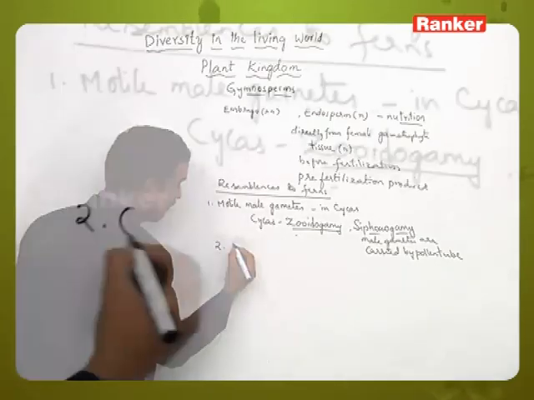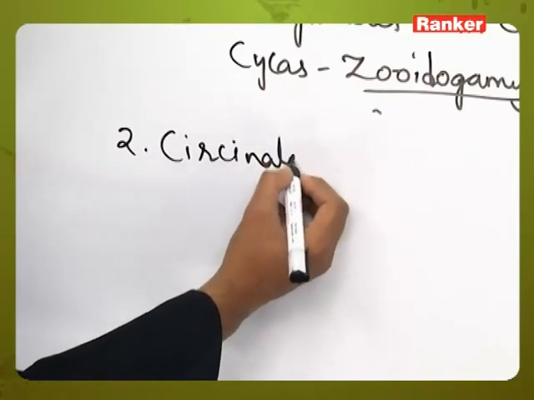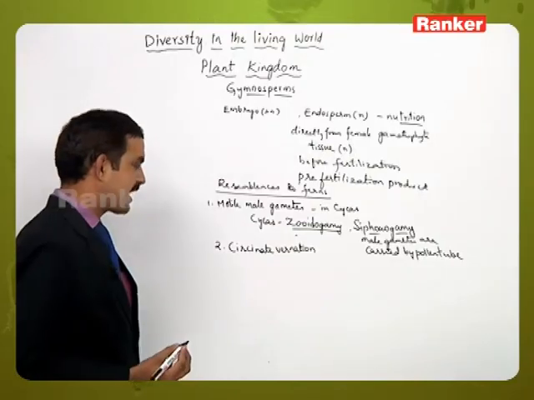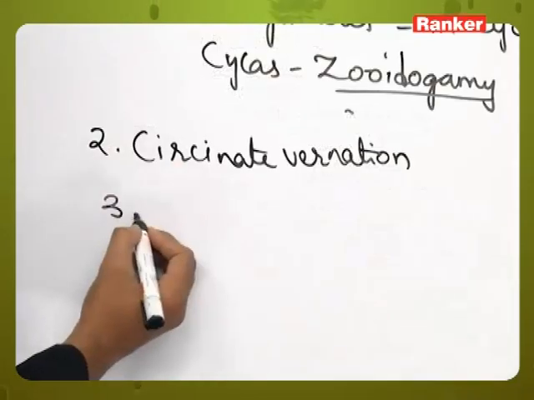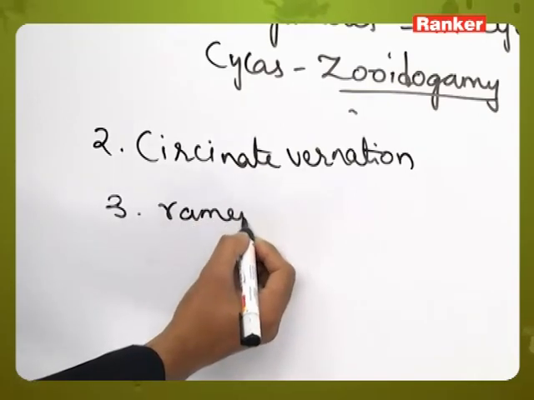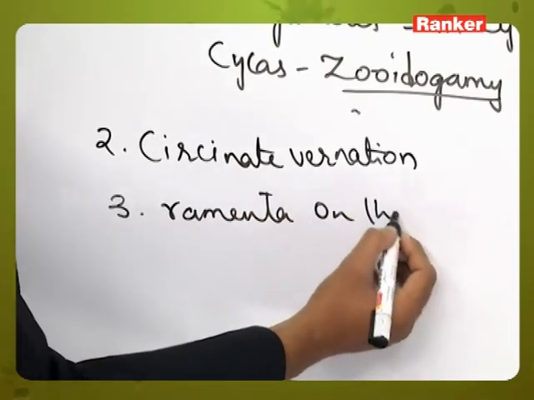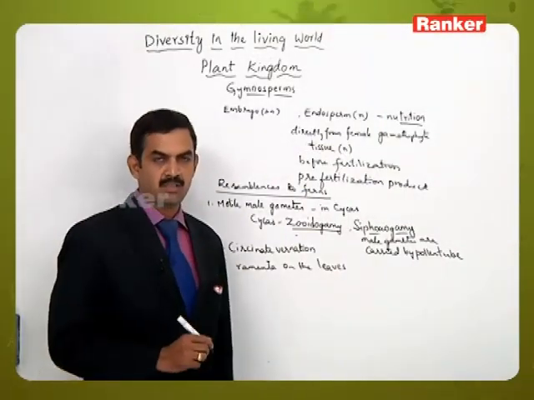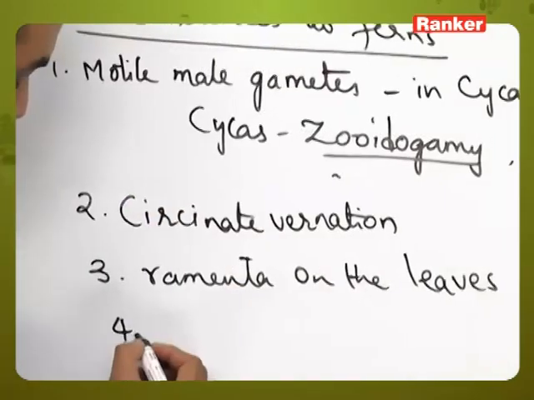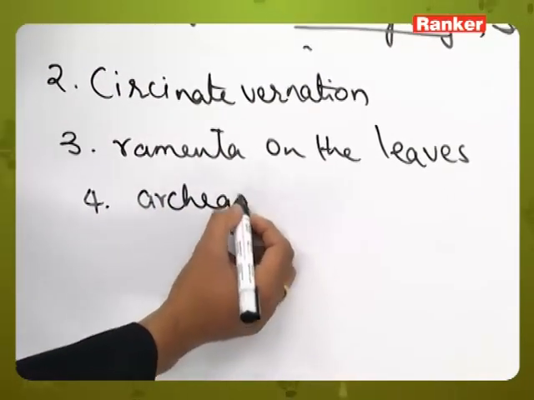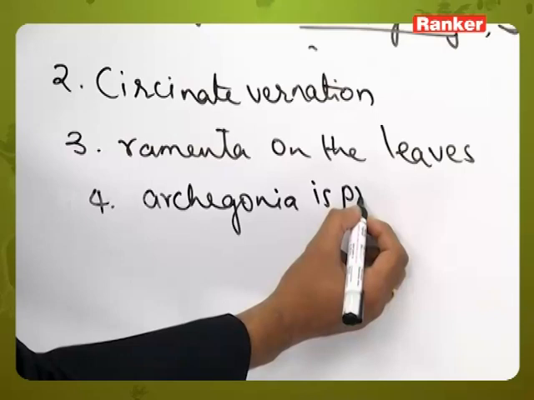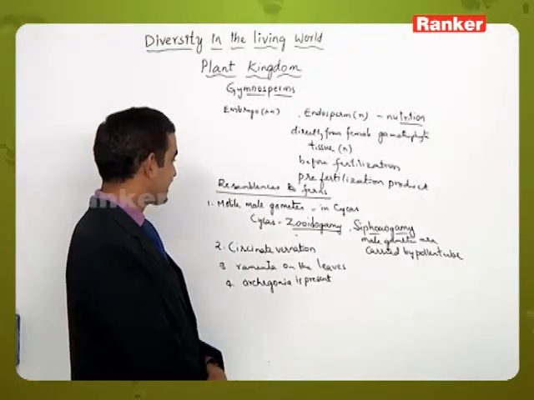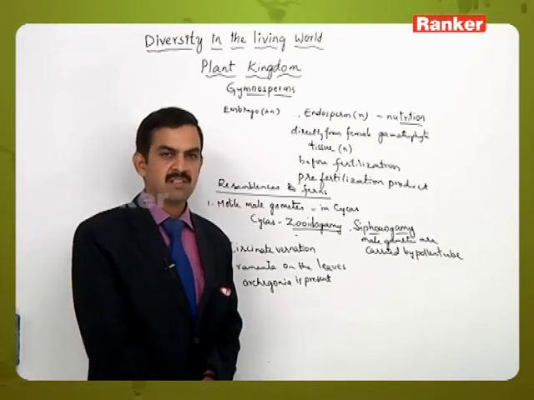The second one is that some of the members will show circinate vernation. That is, young leaves will show a watch spring-like coiling structure, and some will have ramenta on the leaves, and the other character is the presence of archegonia. So these are some of the characteristic features exhibited by members of gymnosperms like cycas, which is resembling the fern plants.